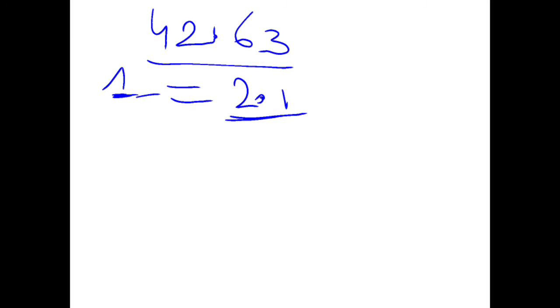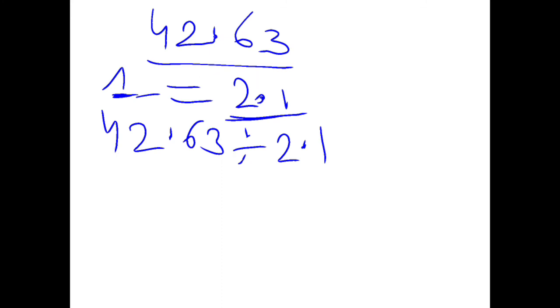So how can we divide 42.63 by 2.1? As I already discussed in the previous video, first remove the decimal of both numbers and then divide, or directly you can remove the decimal by applying 100 and 10 also.